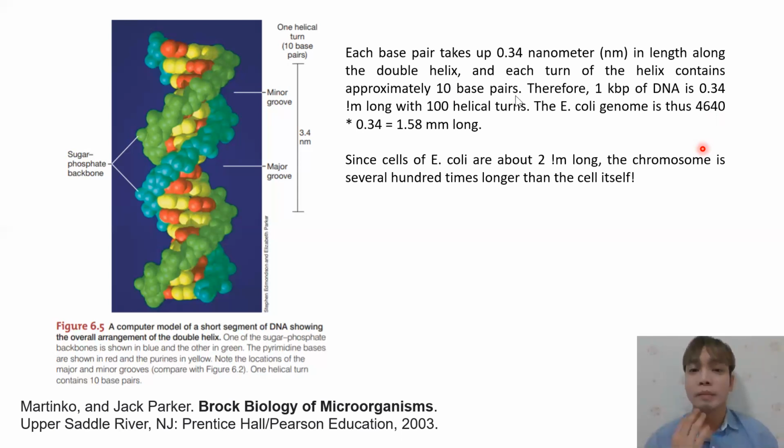And pag minultiply natin siya sa nanometer, that would be equivalent to 1.58 millimeter long. So, take note, masyadong mahaba yung DNA, like 1.58 millimeter in terms of length. Okay. But the actual size of E. coli, around 2 micrometer long.